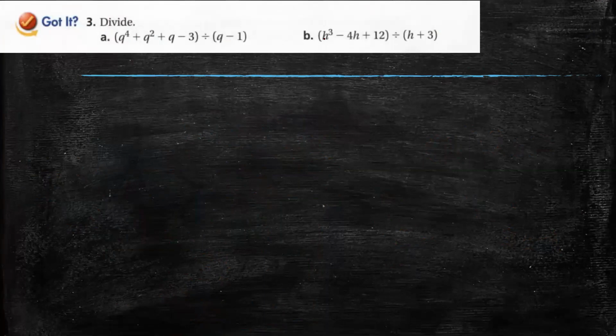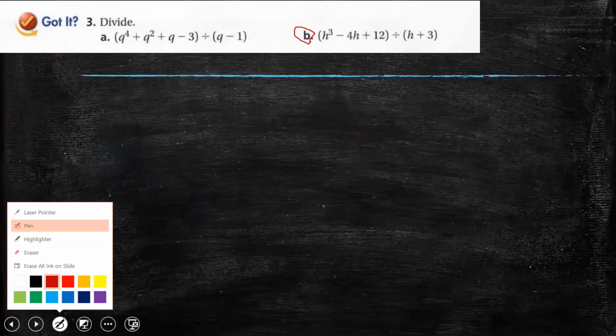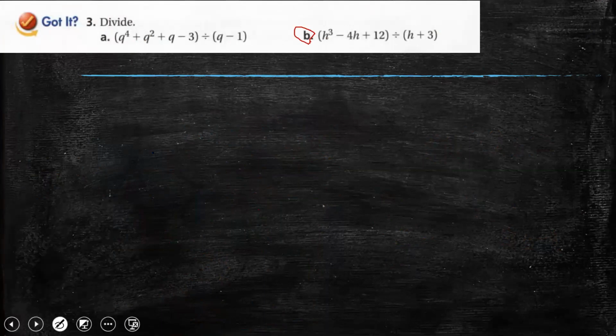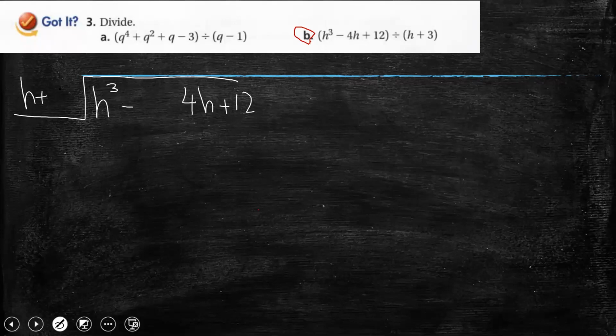Let's solve this example here now. Let's solve B. In B here, what did we have? We have h cubic minus 4h plus 12. You want to divide it by h plus 3.